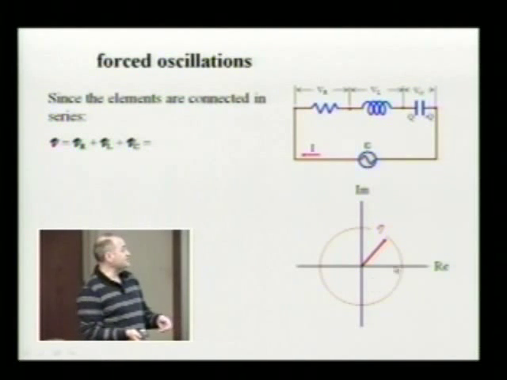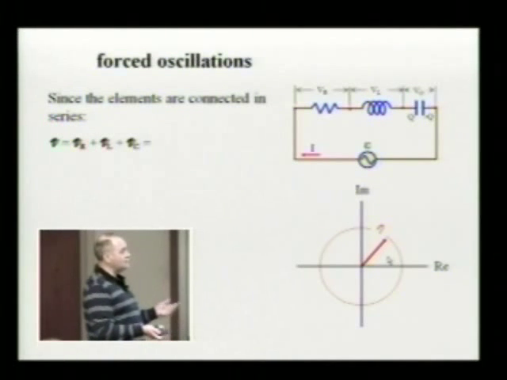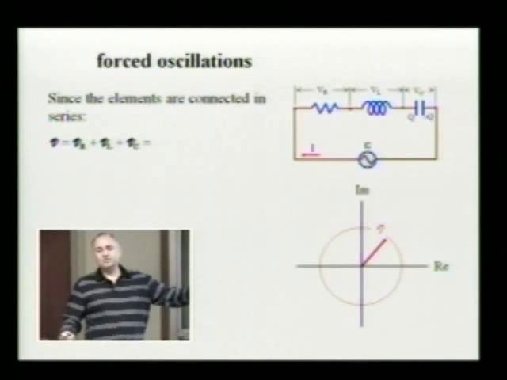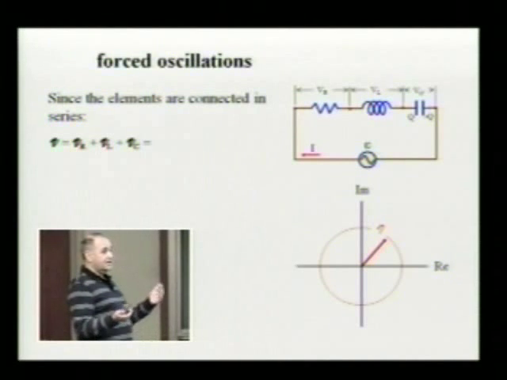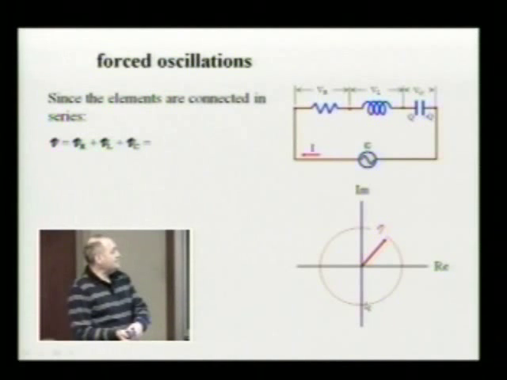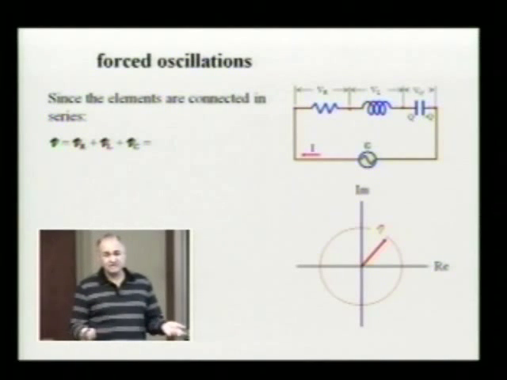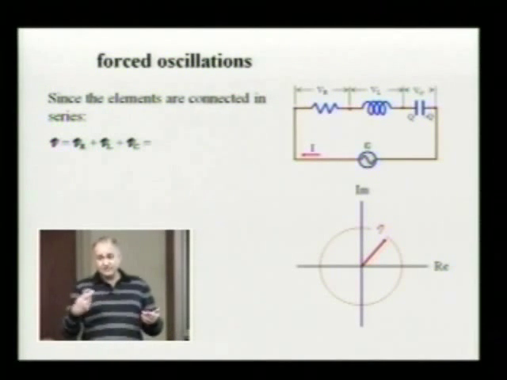All right, good. Now let's draw the phasor corresponding to voltage across the inductor. How should I mark that one? Well, how long it is going to be depends on the impedance of the inductor.